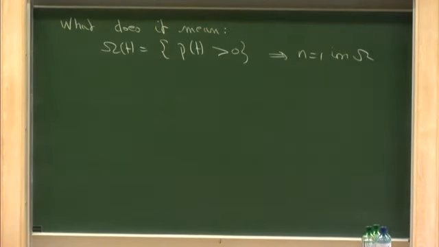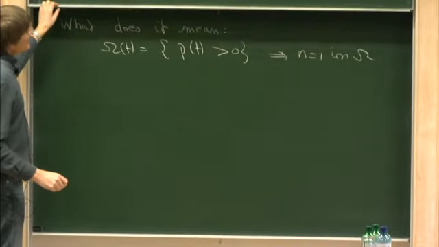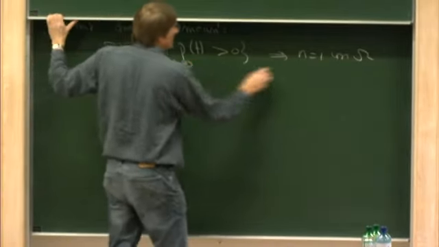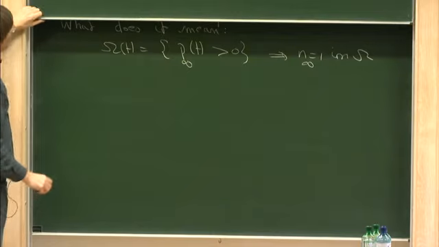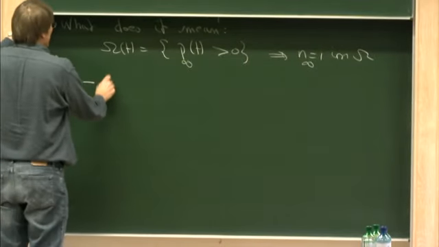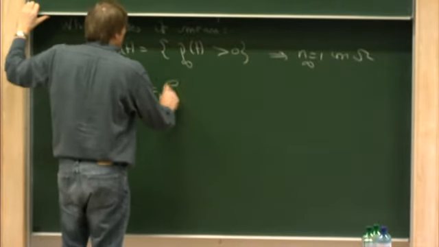If you imagine that this set is an open set, then because n infinity equals 1, the derivative is 1. So what you obtain here is simply Laplace p infinity equal g of p infinity.